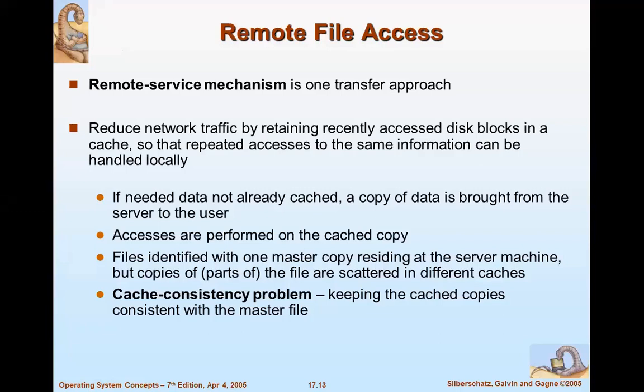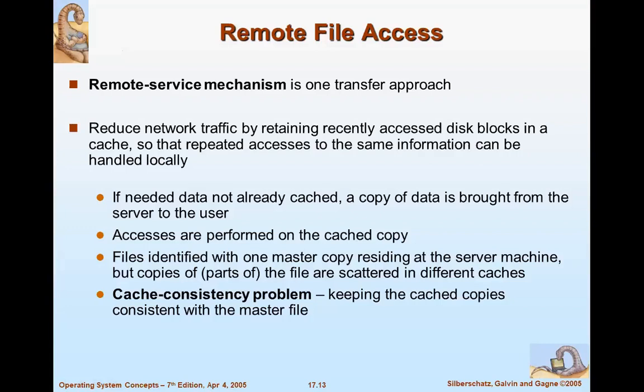So it will be performed on the cached copy, that is cached on the client side. It will not be performed on the original copy that is with the server. So once you have updated this cached copy, then the data will be updated on the server side as well, but with the permission of the owner, with the permission of the server as well.